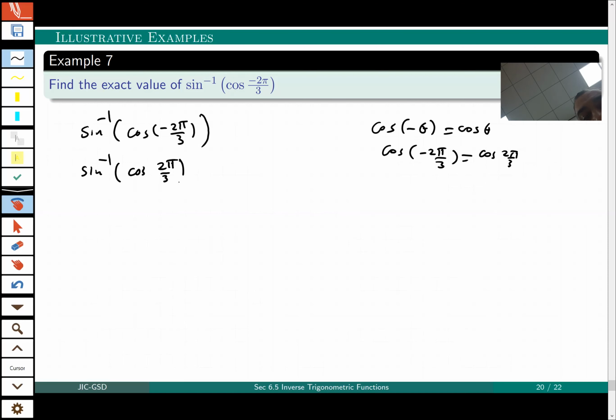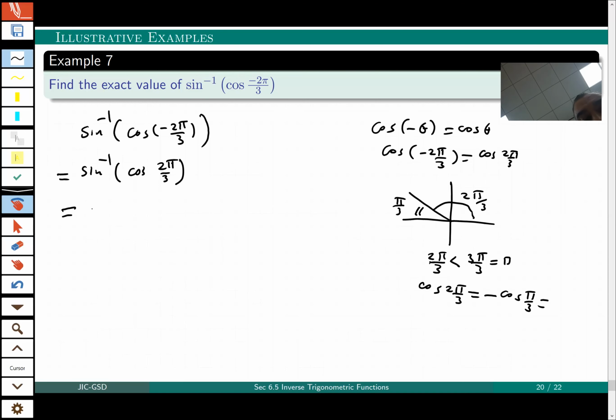Now, what's the reference angle for 2 pi over 3? Remember, 2 pi over 3 should be smaller than 3 pi over 3, which is pi. So the reference angle will be pi over 3, and we know cosine of 2 pi over 3 should equal negative cosine pi over 3, so we have sine inverse of negative cosine pi over 3.